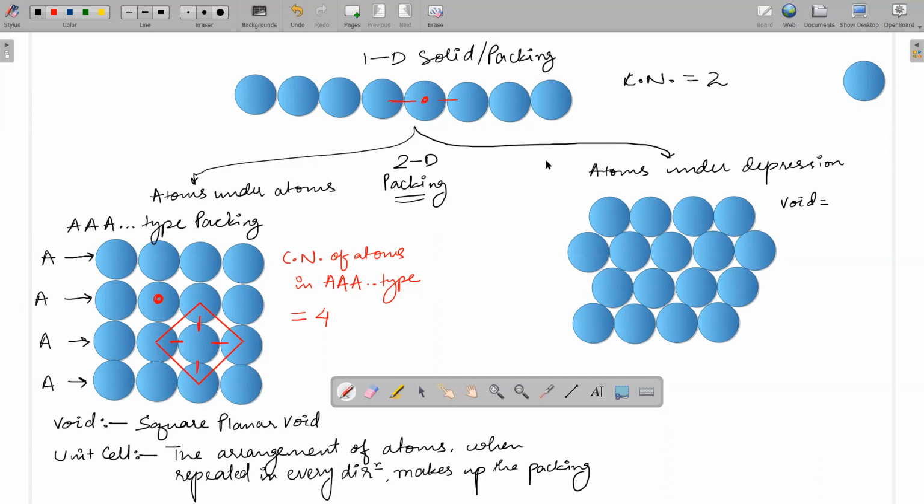Look at the 2D voids, look at this particular arrangement, and tell me what void can you see here. Very good, Abir. Abir is correct. Ahmad is correct. Mariam, look properly. Can you see it? No.